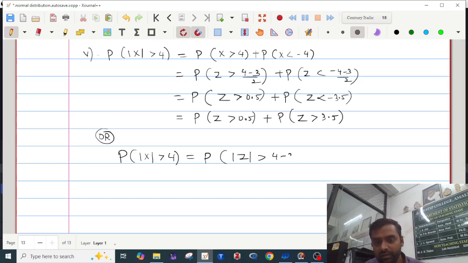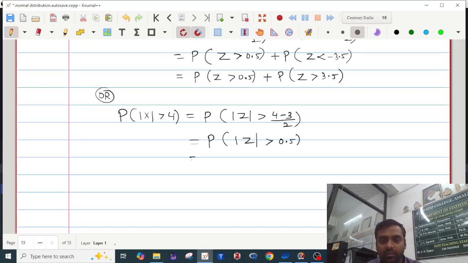Mean is 3. 4 minus 3, 1 upon 2, that is mod z greater than 0.5.